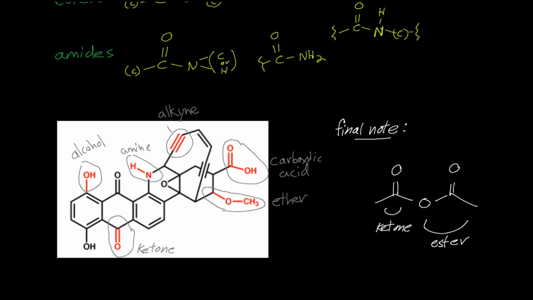Essentially, this is called an anhydride, which was one of the ones I told you to ignore for now. But it makes for a good example. You can't pick these apart and say ketone, ether, or ester, ketone, or anything like that. So these functional groups exist as discrete entities and are recognized that way.